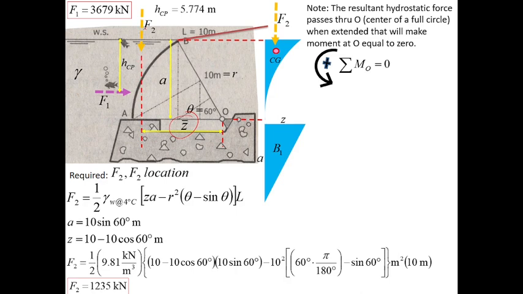Kasi, ang force F2 dumadaan sa center of gravity ng volume. Kailangan alamin natin yung distansya na to para makapag-moment at O. So, Z-bar should be determined.